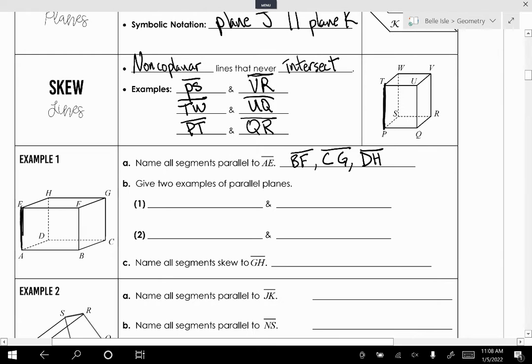Okay, so give 2 examples of parallel planes. So let's say we have plane ABF, which is this front plane right here, would be parallel to plane DCG.